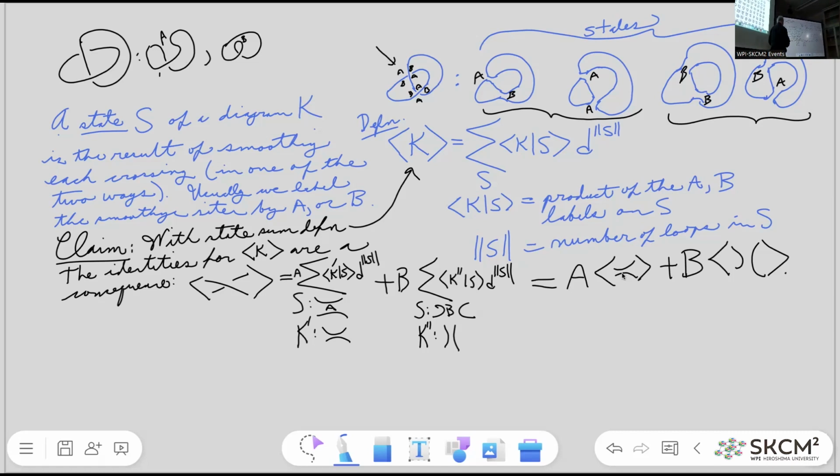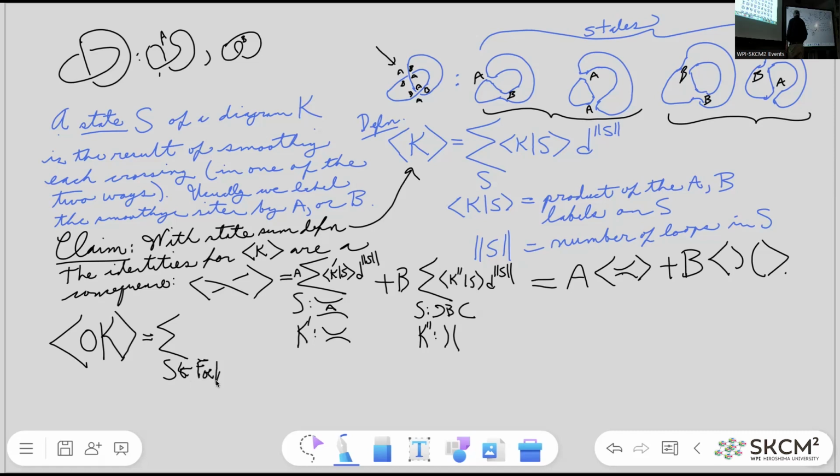Now, what about having an extra loop? Well, an extra loop next to K is going to be equal to the sum over the states, but those are just the states of K. S belonging to the states of K, just for K. I don't have to worry about the extra loop. There isn't anything going on.